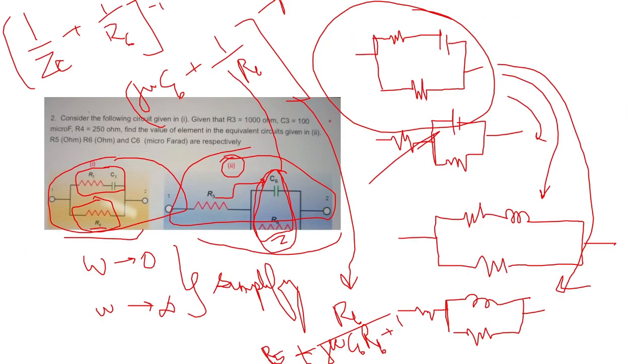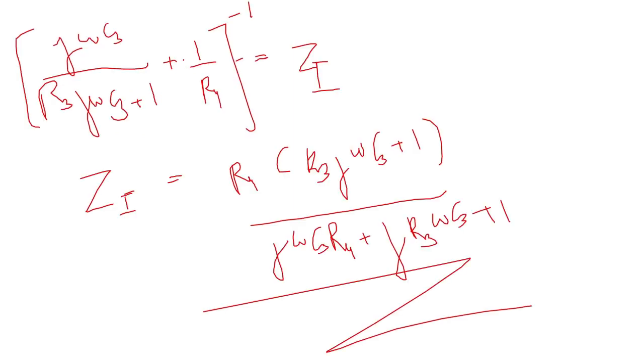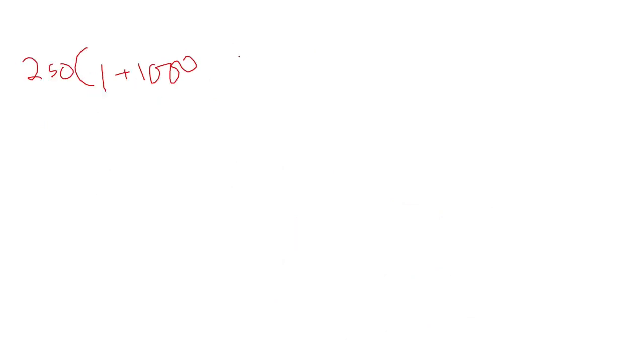Yes, correct. So you have the impedance for the first one, you have the impedance for the second one. Now what to do? You will have to equate both of them, by substituting the values also. That is, you have R4 as 250, 1 plus R3 as 1000, j omega into the capacitance.